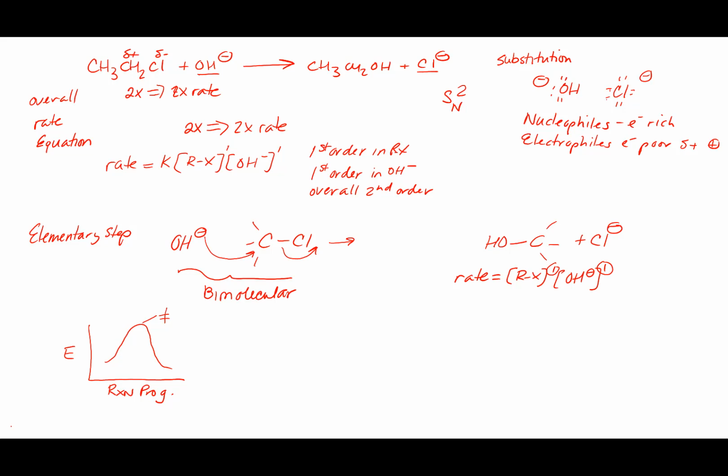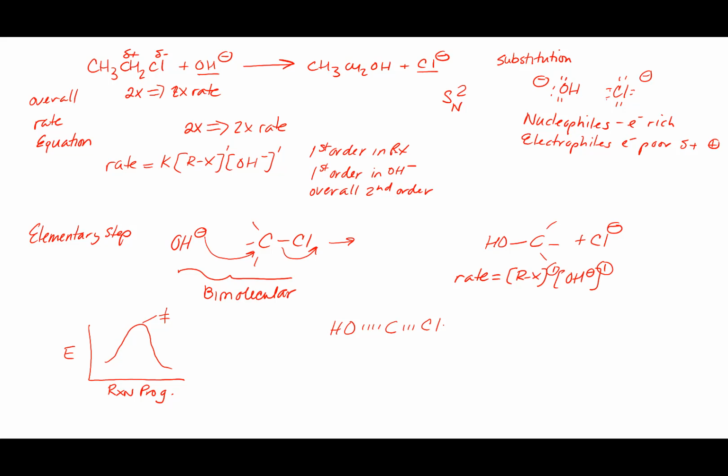Transition states are also where you're making and breaking bonds. And it could be either. It could be making, could be breaking, or it could be both. So in this reaction, our transition state's going to look like this. We're going to have a partial bond between the oxygen and the carbon and the chlorine, because the two bonds I'm forming are an O-C and breaking a C-Cl.